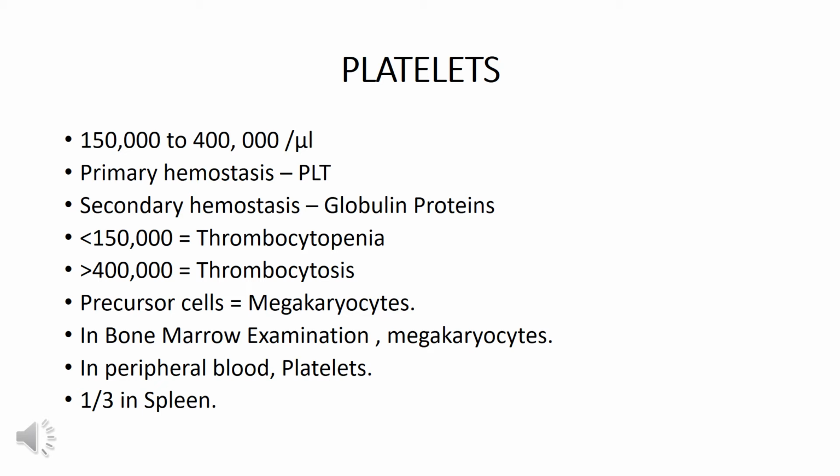There are a number of causes of deficiency of platelets in our blood, and if platelet concentration gets higher than 400,000 per microliter, it is known as thrombocytosis. So you should know well about thrombocytopenia and thrombocytosis.